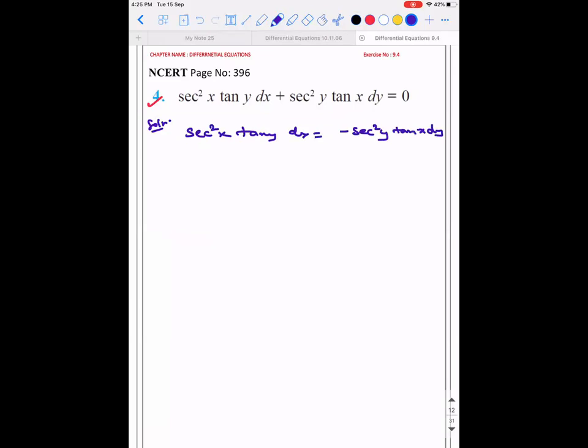Now what we will do is separate the y terms and x terms. So secant square x divided by tan x into dx is equal to minus secant square y divided by tan y into dy. So secant square x by tan x, what is it you are going to get?